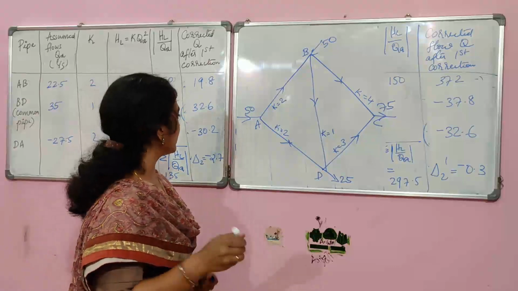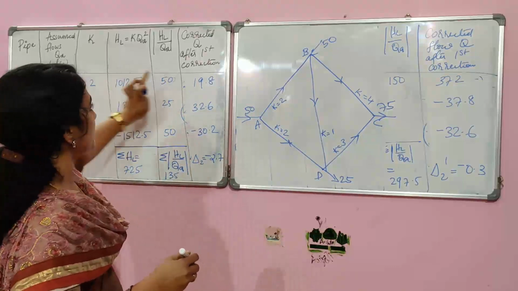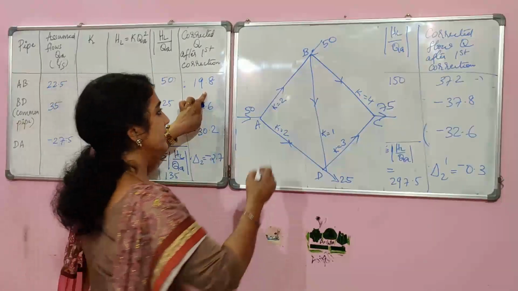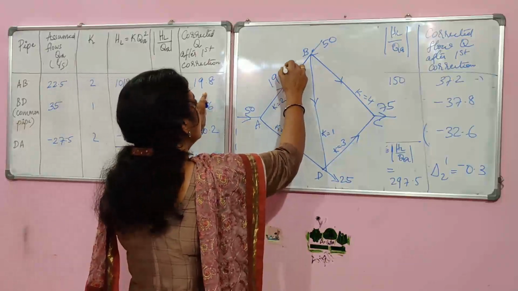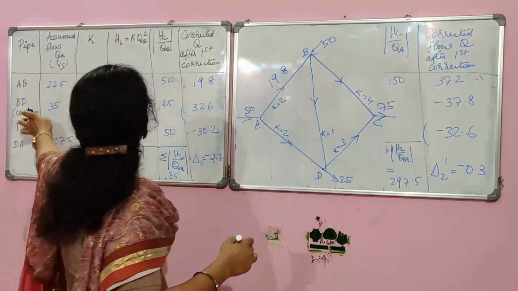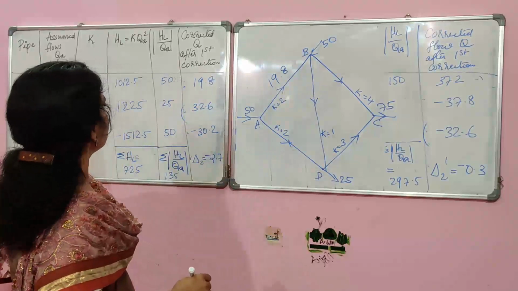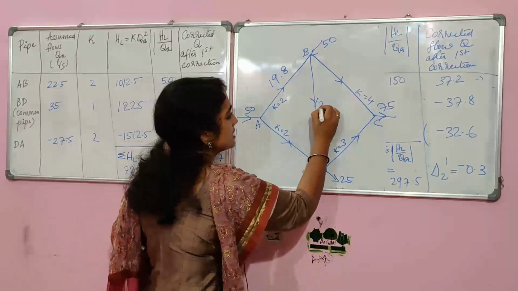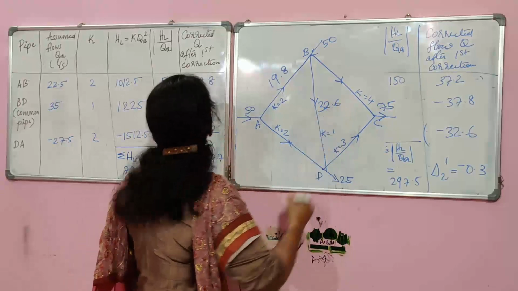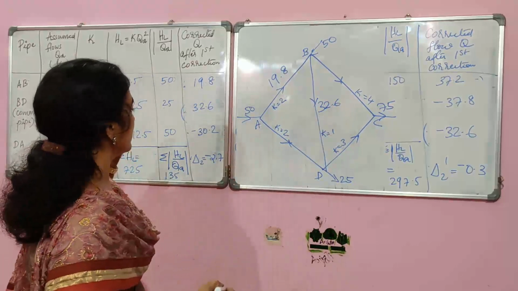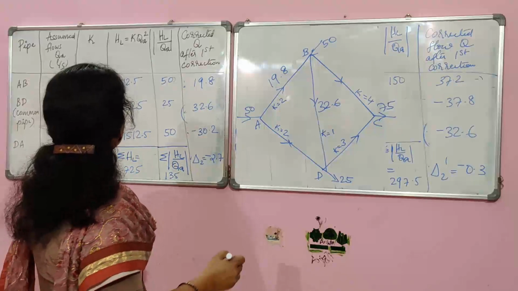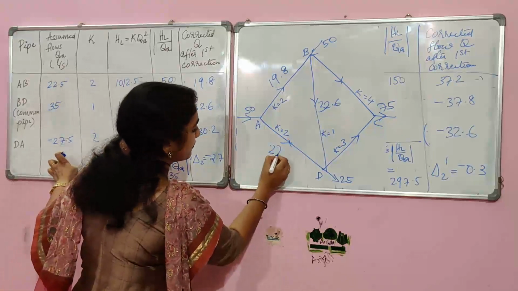For AB, the corrected value is 19.8, and for BD it is 32.6, and for DA it is minus 27.5.